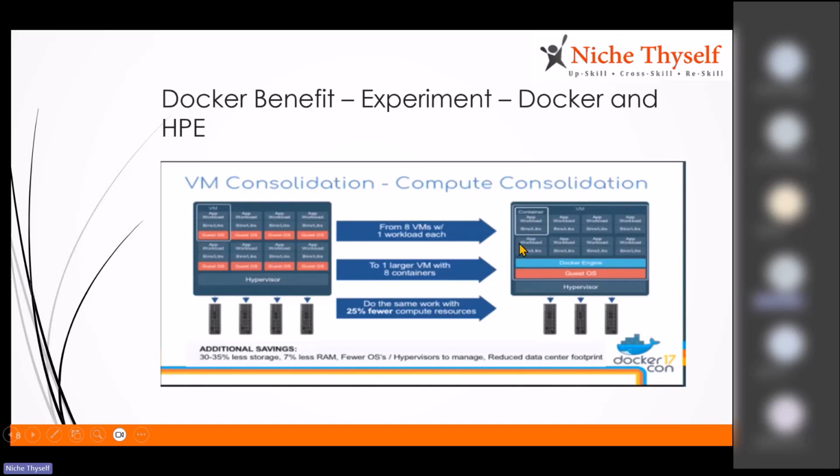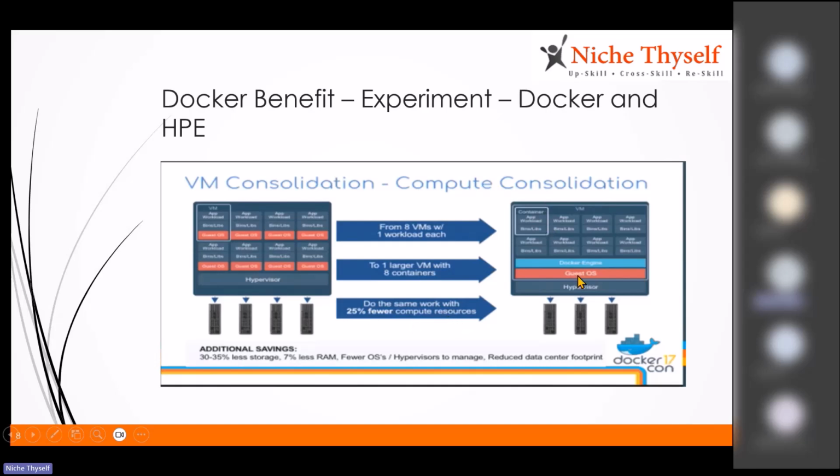These containers are deployed on top of a virtual machine, it is not bare metal. If you see here, we have a hypervisor, meaning this is my single VM, and on top of that VM we are running all these containers. So from 8 VMs with 1 workload each, one VM will be running one application, to one larger VM with 8 containers, a single VM running 8 containers, doing the same work with 25% fewer compute resources.